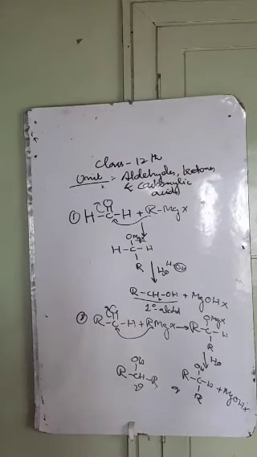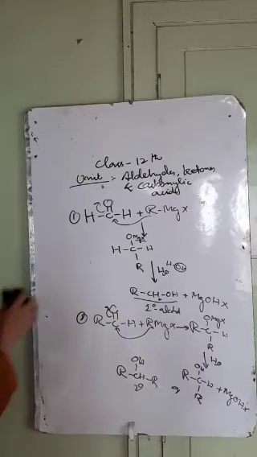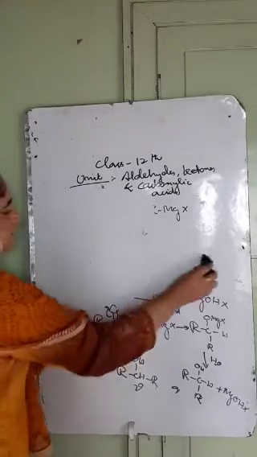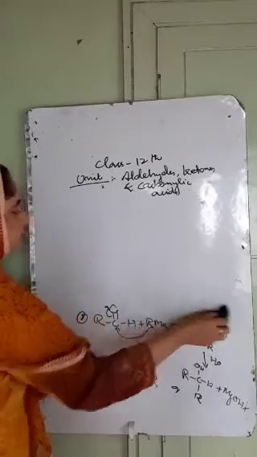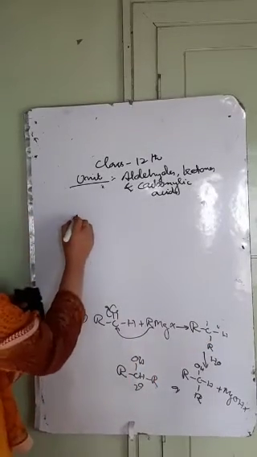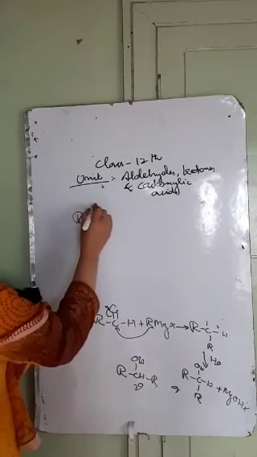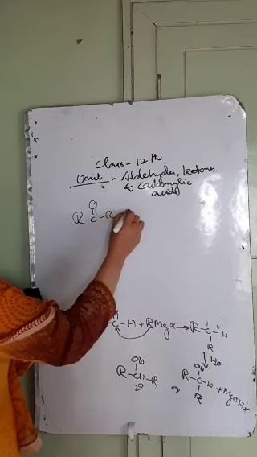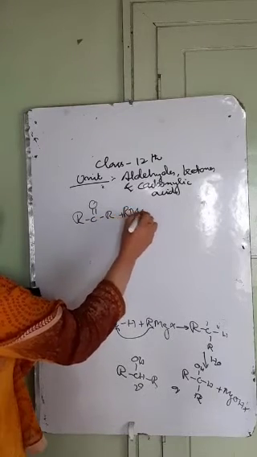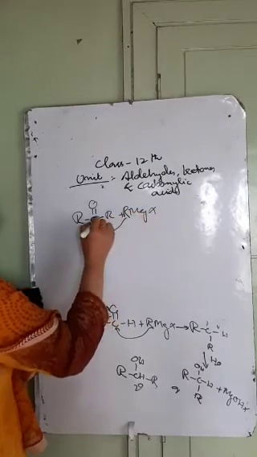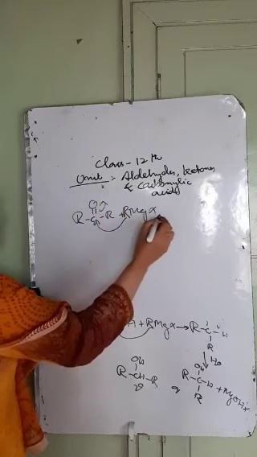Now we have the ketones. They react with Grignard's reagent and form the tertiary alcohols like this. We have R, C double bond O, R plus RMgX. तो R यहाँ आएगा, Mg यहाँ. Same.